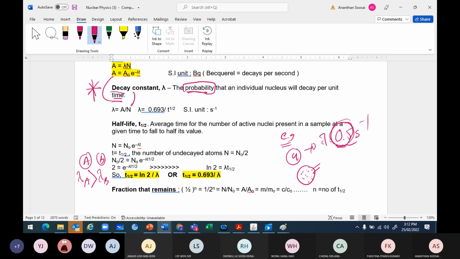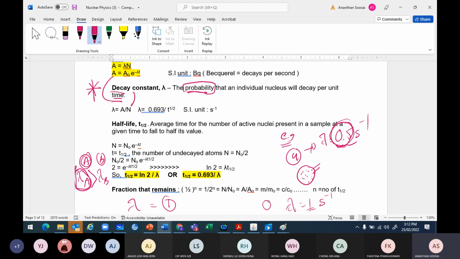Yeah, for sure. Remember, the greater the decay constant, the more unstable the element. So the maximum lambda can go is, of course, since probability's maximum value is 1, we don't have anything like a decay constant of 1. If you have a substance with a decay constant of 1, it has a 100% probability to decay per second.